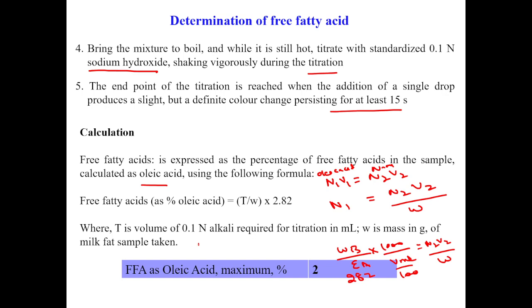Now if you put all the values, the percentage oleic acid is equal to N2 into V2 divided by W, into 282 divided by 10, that is 28.2. Now if you put the normality of NaOH also, 28.2 into 0.1 will be 2.82, into V2, the titer value, upon W, and this is the same as this, hence derived. So this way we can derive the formula.